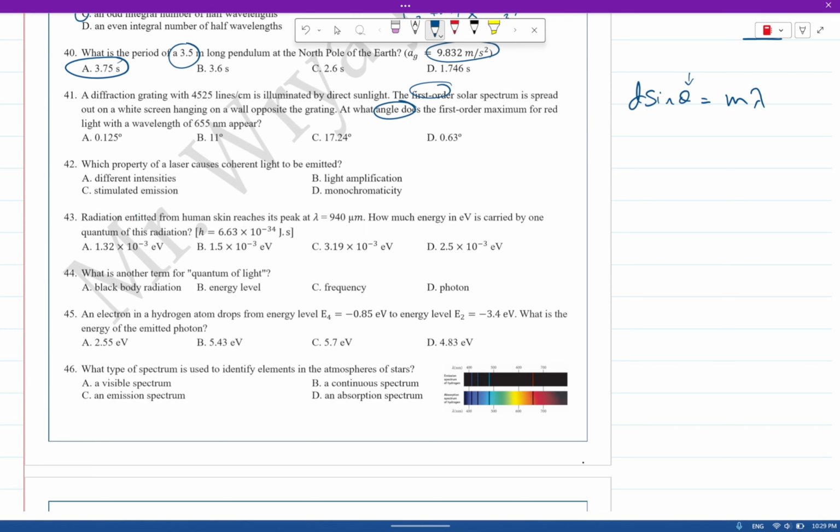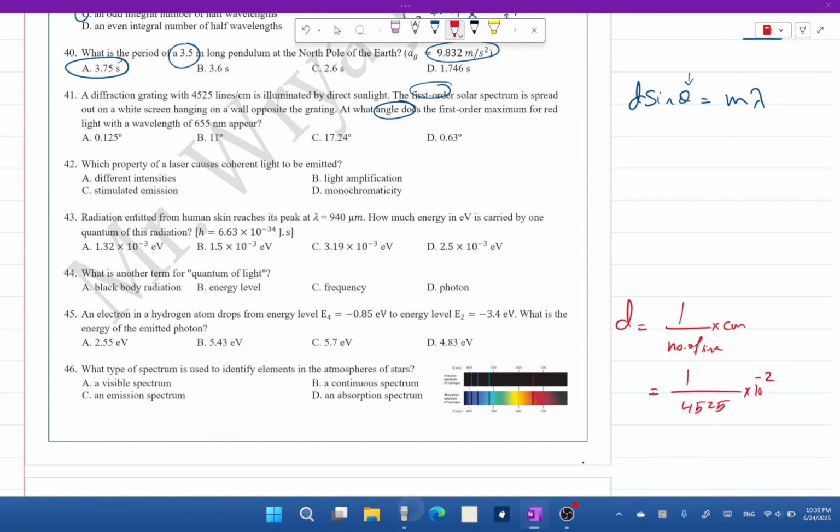That is, of course, d is equal to 1 over the number of lines per unit length. This is in centimeter here. So 1 over the number of lines, 4525. Then, if we convert centimeter to meter, you multiply by 10 to the power negative 2.